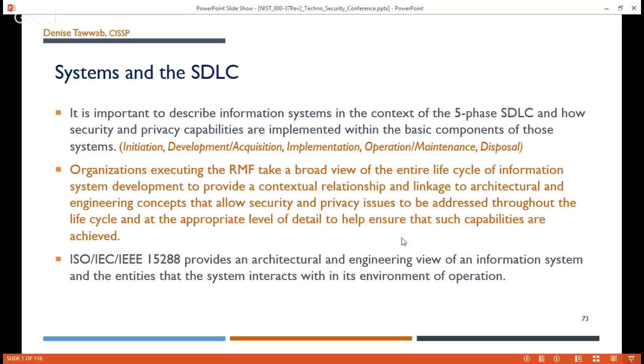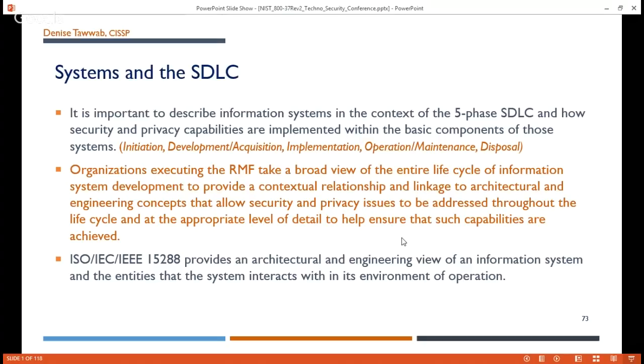System and system elements, systems and the SDLC. It's important to describe information systems in the context of the 5-phase systems development lifecycle and how security and privacy capabilities are implemented within the basic components of those systems. And that's going to be initiation, development, acquisition, implementation, operation, maintenance, and disposal.